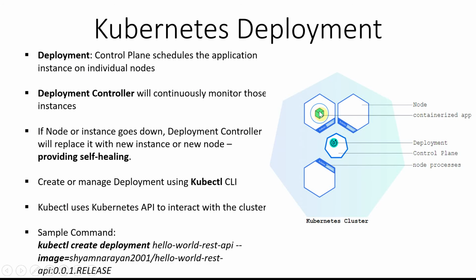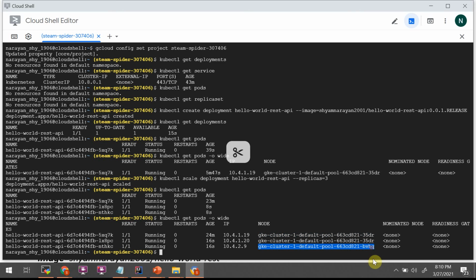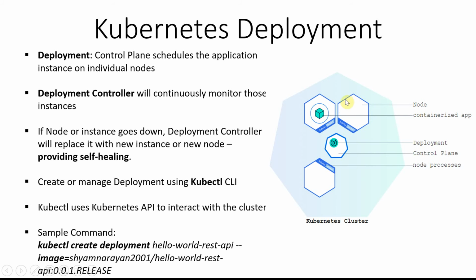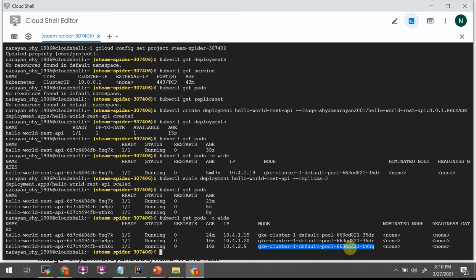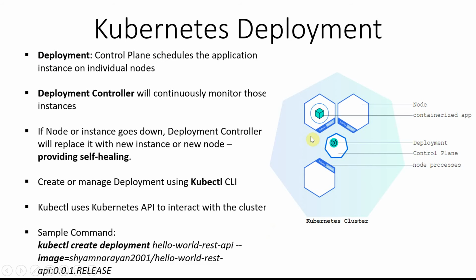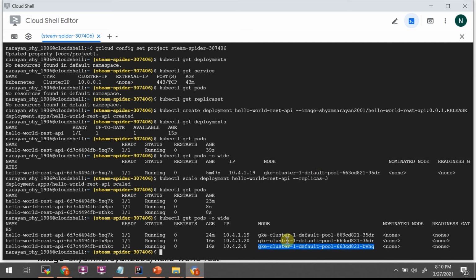There are two hello world pods in this 35DR, and in BBHQ there is one pod. So 2 in this node, and 1 in this node. That's how the master decided. Again, that is completely the master's decision. You can also place in all 3, but it didn't use this for some reason. So yeah, that is the idea.